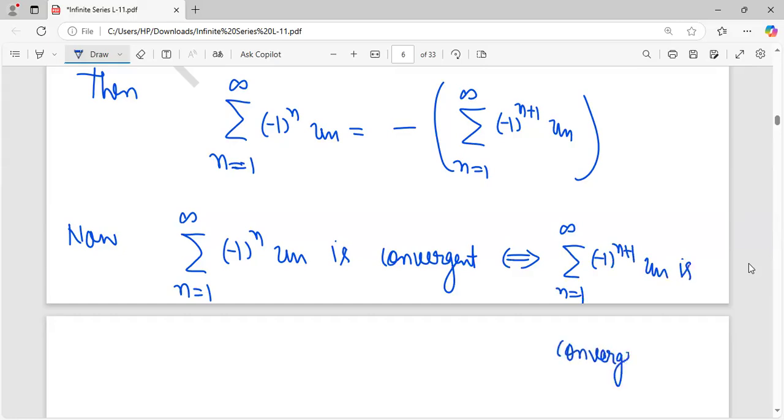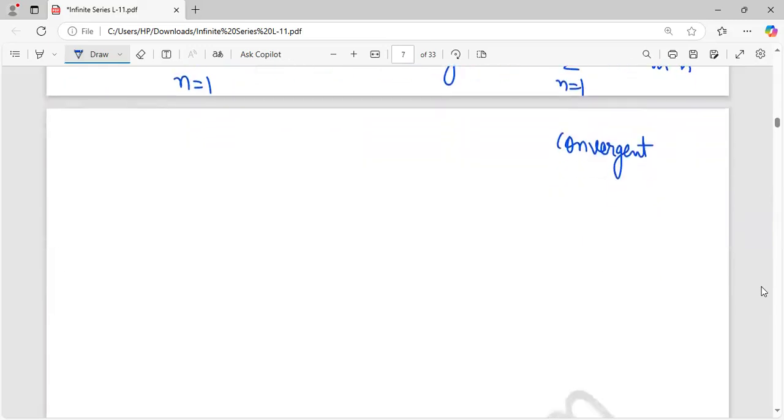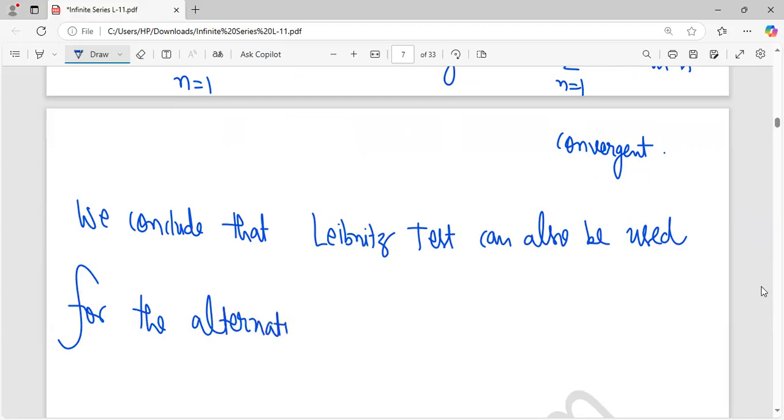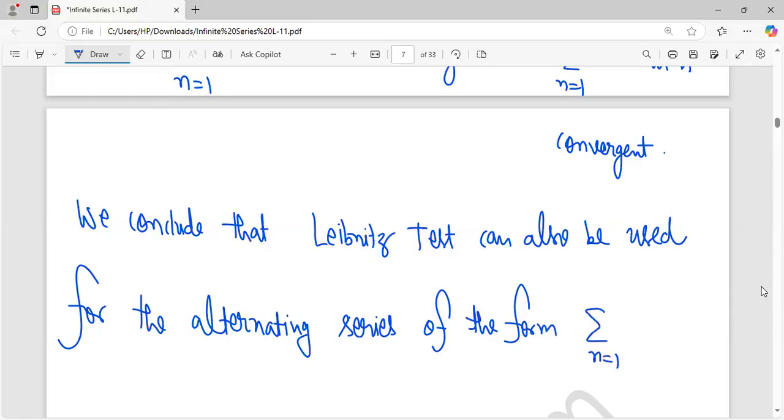So we conclude that the Leibniz test can also be used for the alternating series of the form we have.